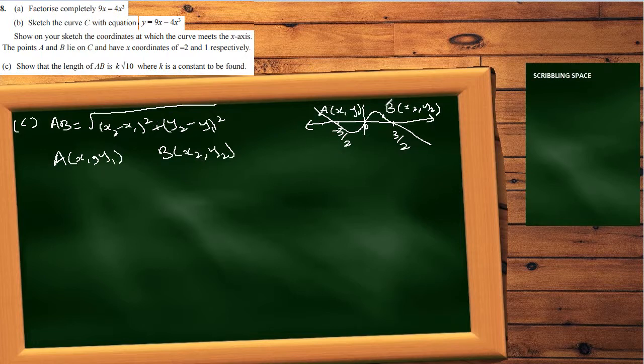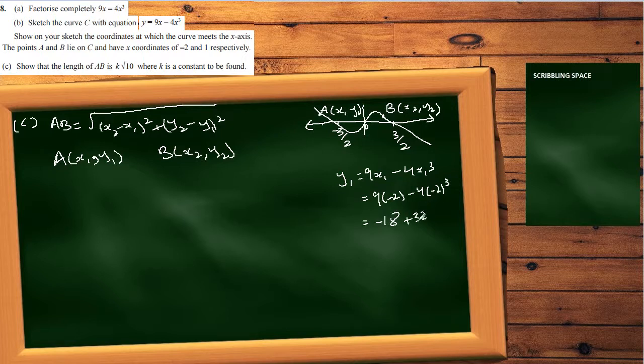Because these points lie on this curve C, if you put a value of x, we get a value of y. So for y1, I'll put x1: it will be 9 times x1 minus 4 x1 cubed. In other words, 9 times minus 2, minus 4 times minus 2 cubed, which is minus 18 plus 32.